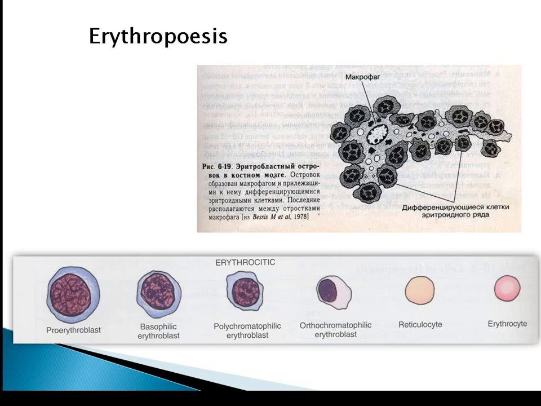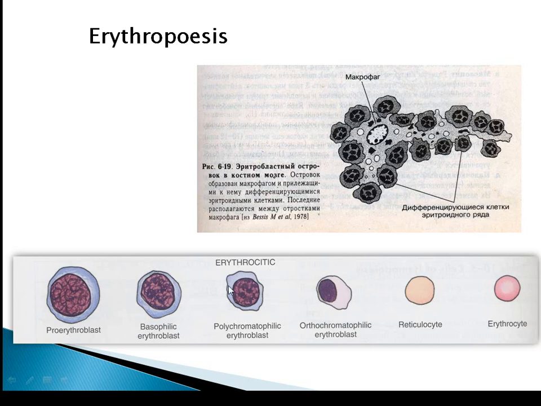If the number of red blood cells in blood is less than the normal amount, endothelial cells of the kidneys, peritubular capillary network, and hepatocytes of the liver release erythropoietin, and this factor will activate formation of the erythrocytes from the proerythroblasts. The proerythroblasts then will accumulate a high amount of rough endoplasmic reticulum, and it produces hemoglobin, the globin moiety of hemoglobin, and the amount of hemoglobin will gradually increase in the cytoplasm of developing cells that will form basophilic erythroblasts.